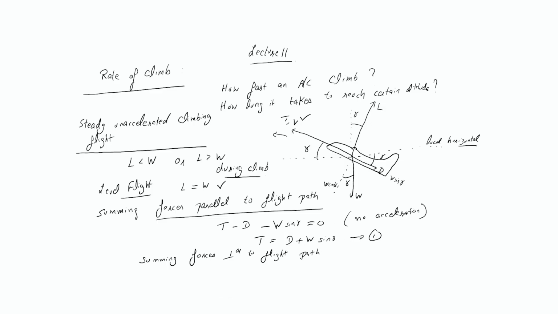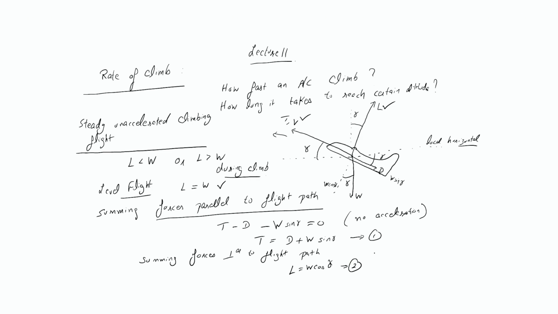What are the forces acting perpendicular to the flight path? One is lift, which is exactly perpendicular to the flight path, and W cos gamma, which acts in the opposite direction. So you can write L equals W cos gamma, that is equation number 2.